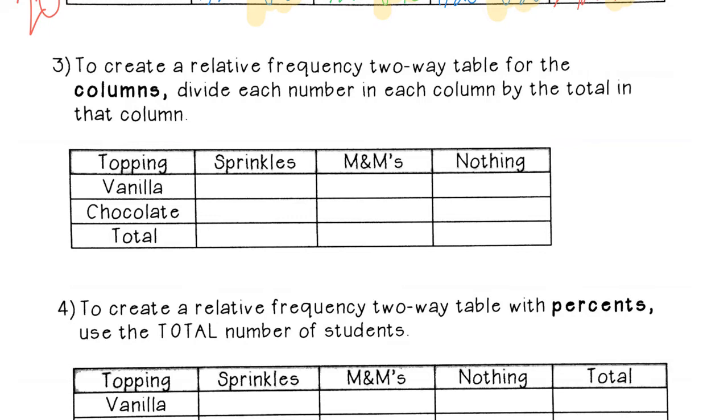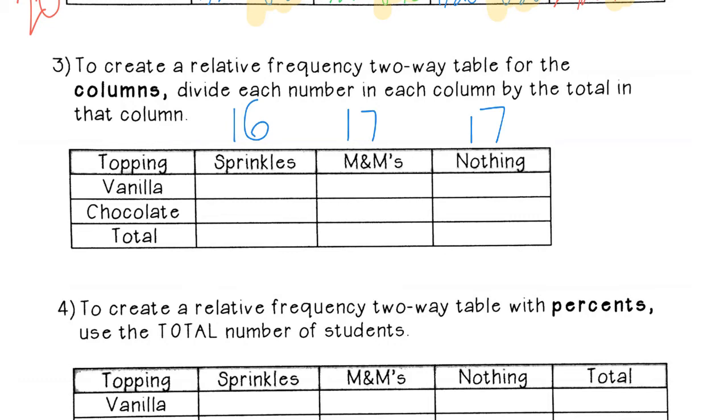So our totals are 16, 17, and 17. So I'm taking those initial values that we found in example 1, and I'm going to divide that by 16 in the sprinkles column, 17 in the M&Ms column, and 17 in the nothing column.